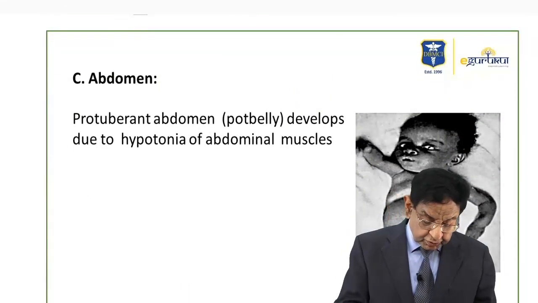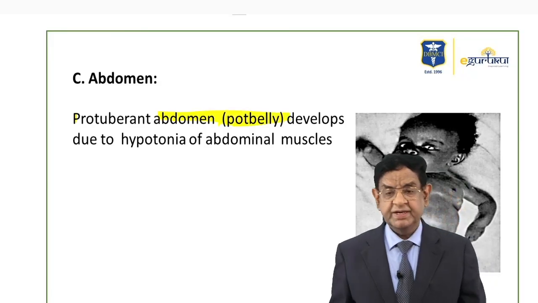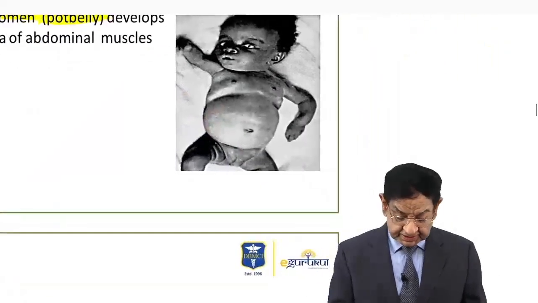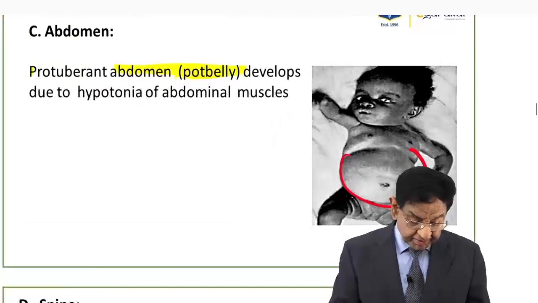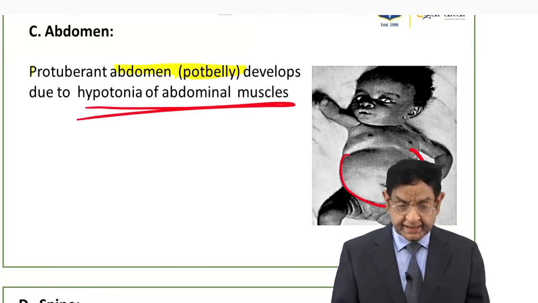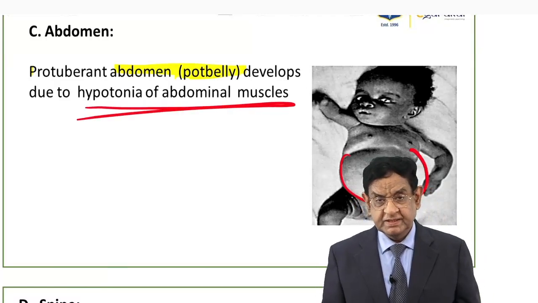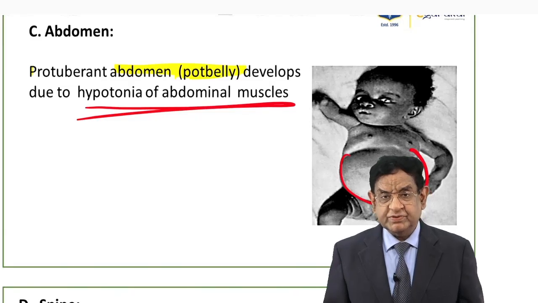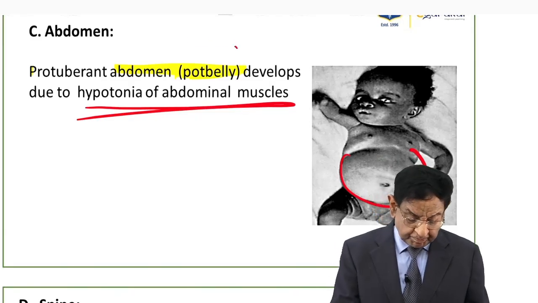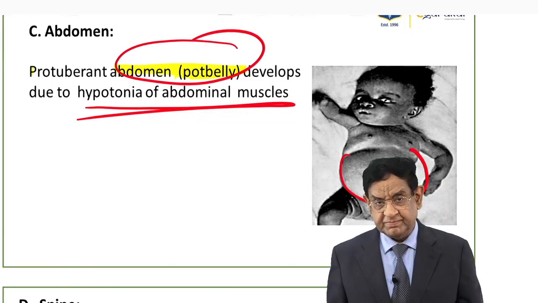Abdomen, so-called protuberant abdomen, pot belly abdomen. A very frequently asked question. You can see there is a protuberant abdomen. Why? Because of hypotonia of the abdominal muscles. The abdominal muscles are weak, so they tend to bulge out, so-called pot belly abdomen.